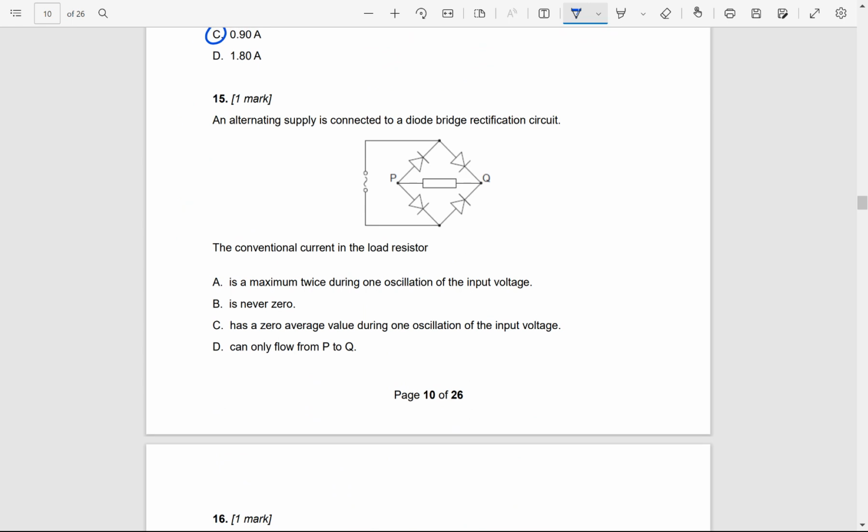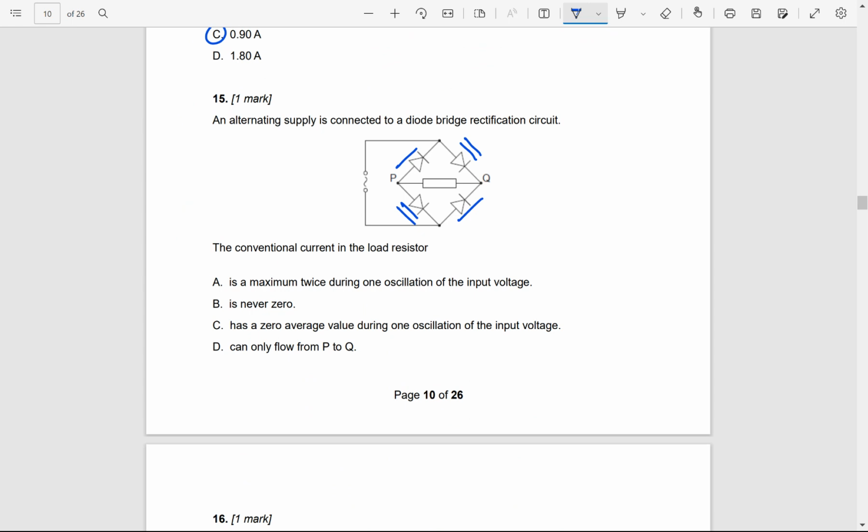Question 15 is a rectification circuit. Conventional current in the load resistor actually goes in 2 half cycles. Okay, so the current passes through this one and this one at the same time, and then it will pass through this one and this one at the same time.